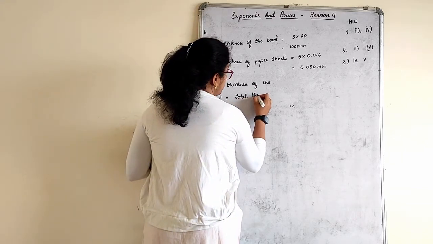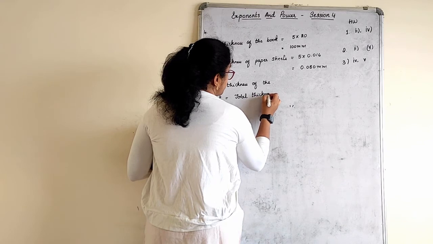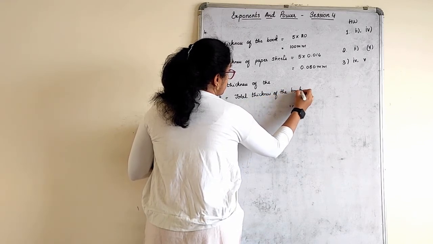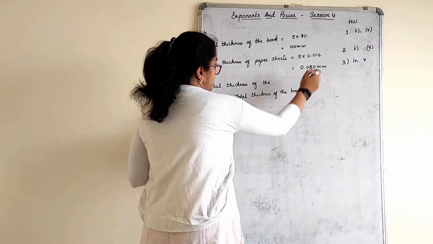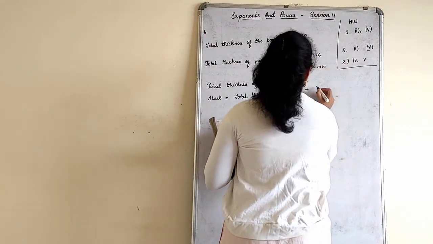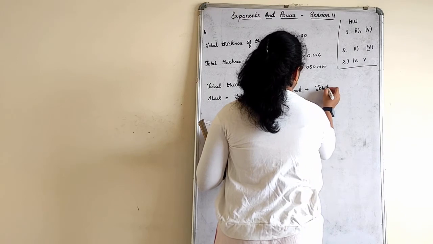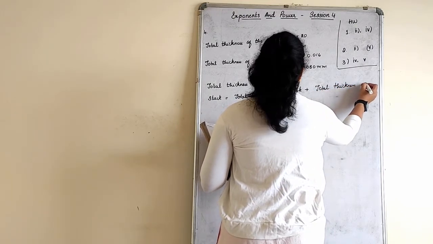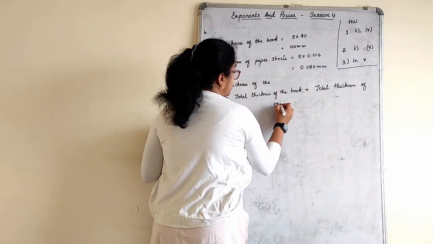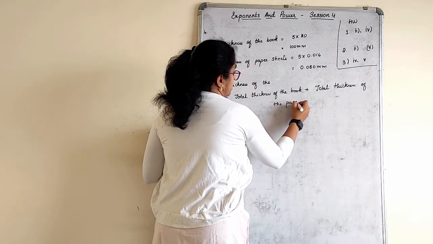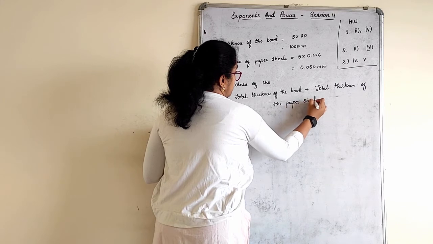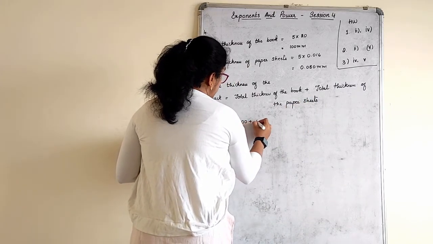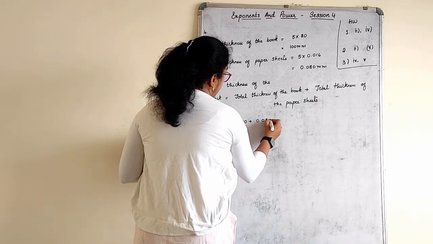Total thickness of the book plus total thickness of the paper sheets, which is nothing but 100 plus 0.080.